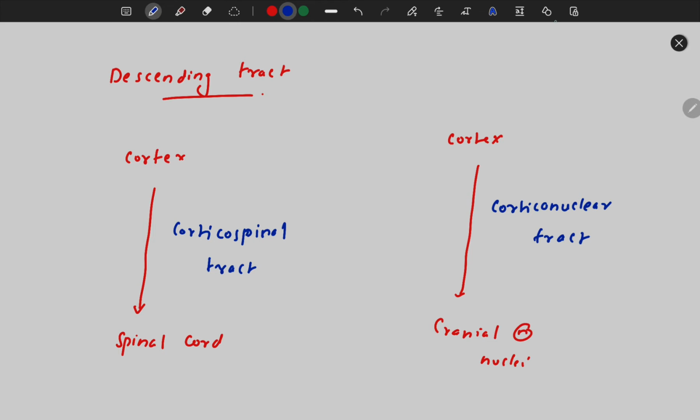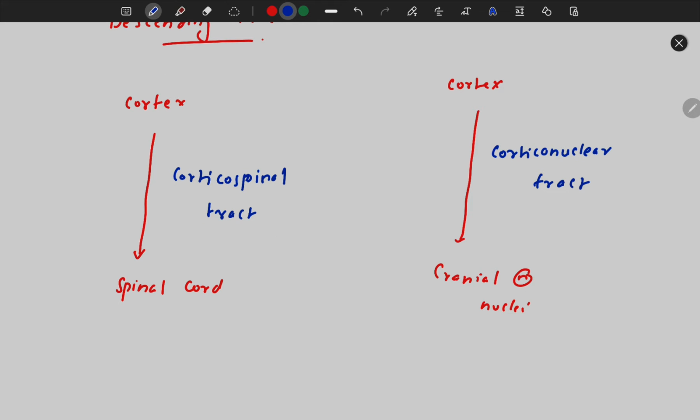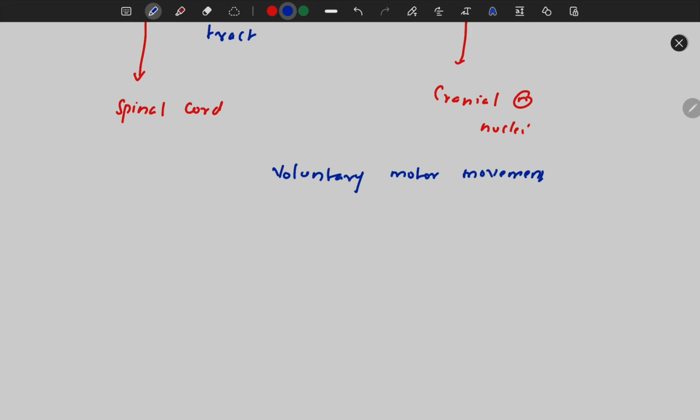Together they are called the pyramidal tract. And this pyramidal tract is very important in voluntary motor movement. To control our voluntary movements, this pathway, the pyramidal tract, is very important.